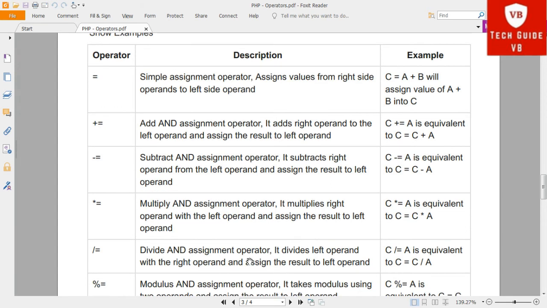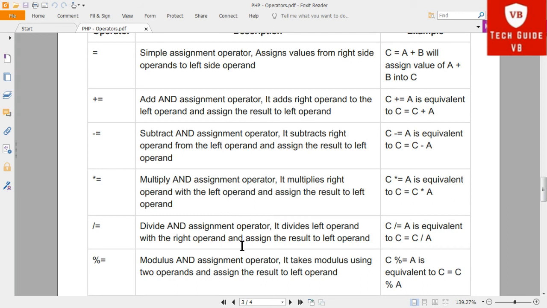C *= A is equivalent to C = C * A. Divide equal to: it divides the left operand by the right operand and assigns the result to the left operand. That is, C /= A is equivalent to C = C / A.